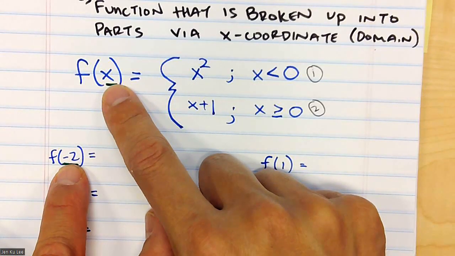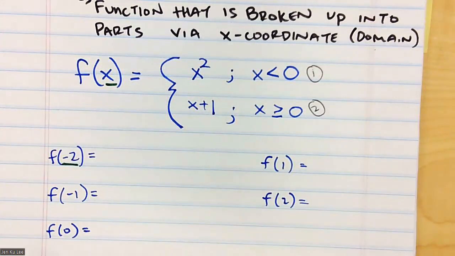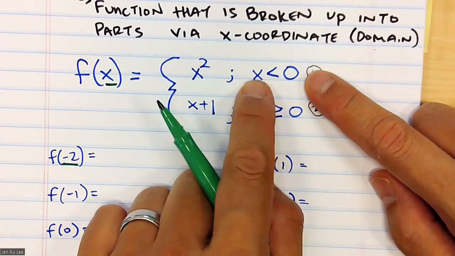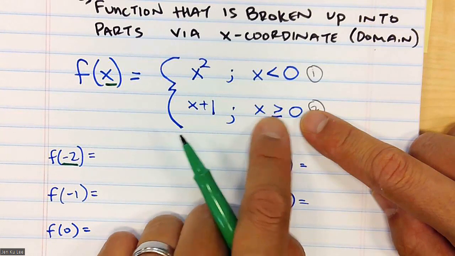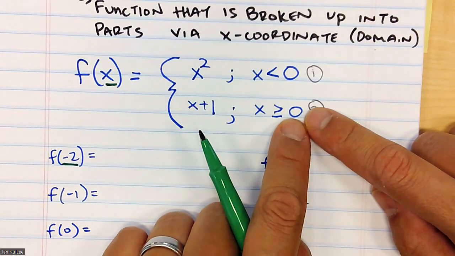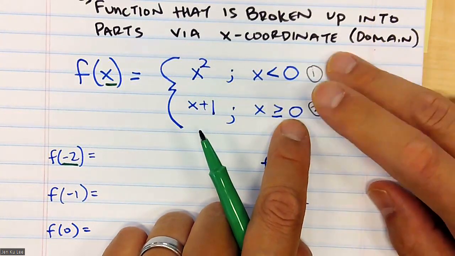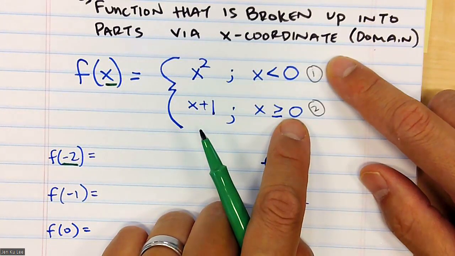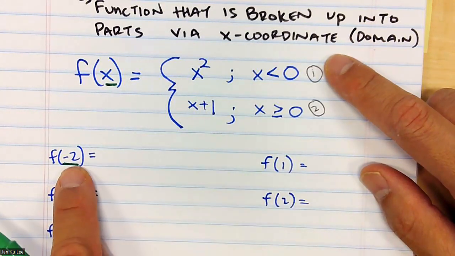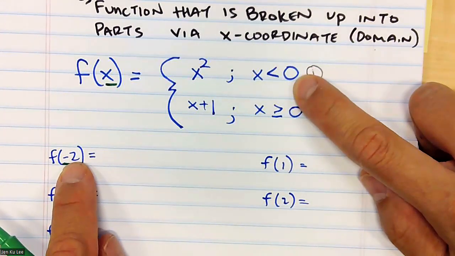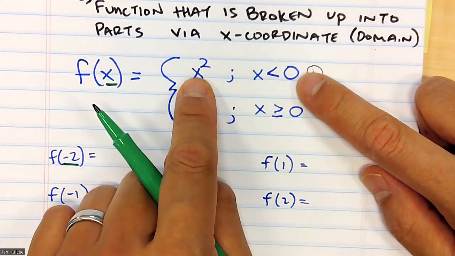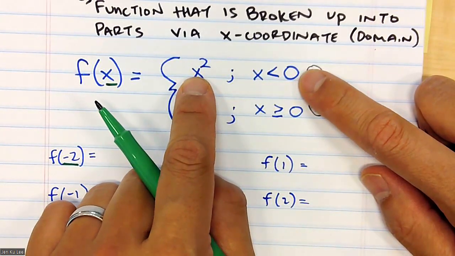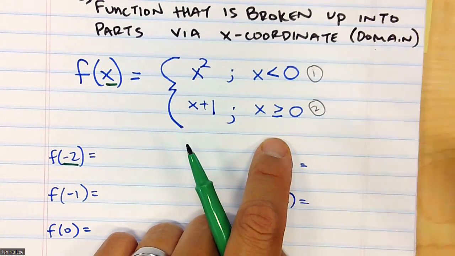Where does that -2 fall? Is it less than 0, or greater than or equal to 0? Which one is it, 1 or 2? It's 1. Everybody understand that? That -2 is less than 0, so therefore we use this function.